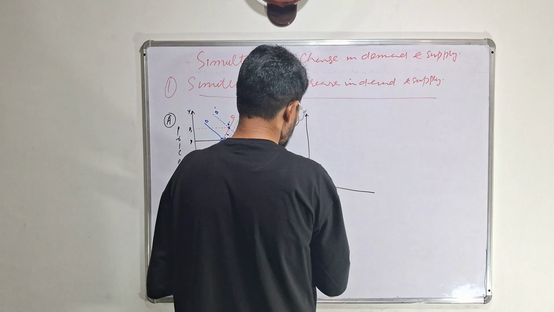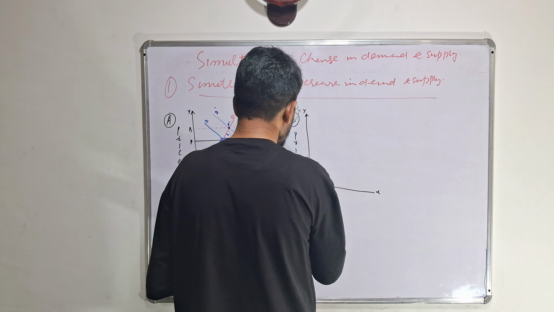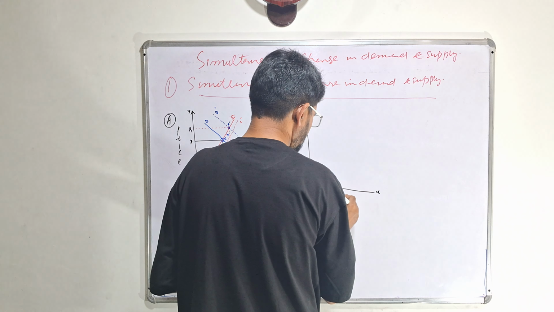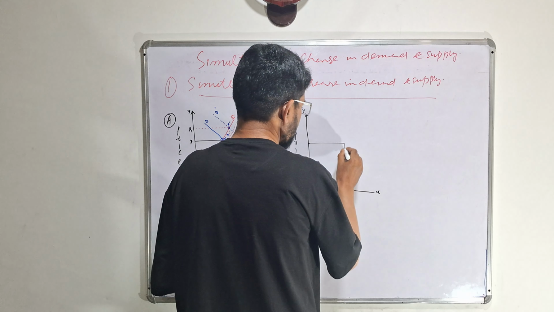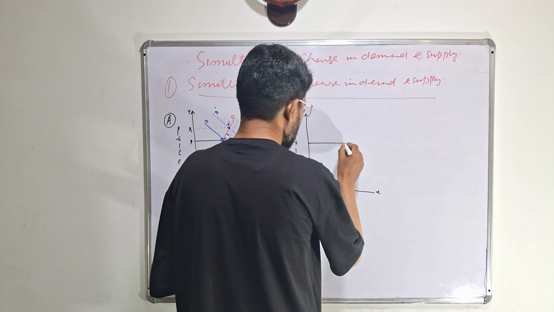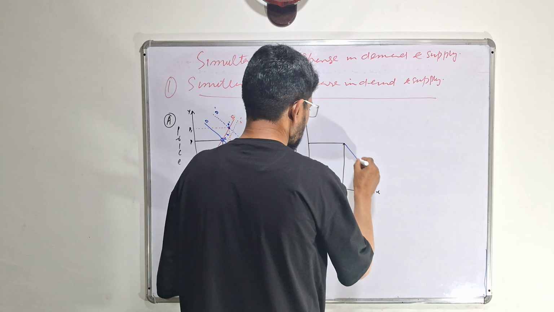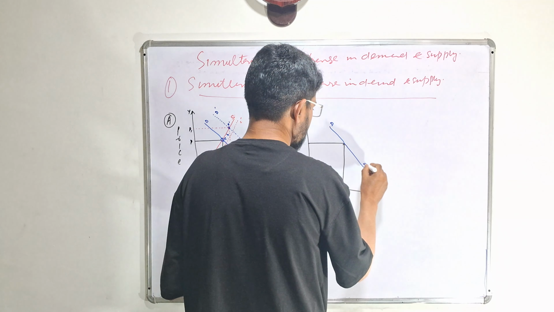This is Y. This is 0. This is X. Here is price. Here is quantity. You know this equilibrium. This is the demand curve. The demand curve has a negative slope.